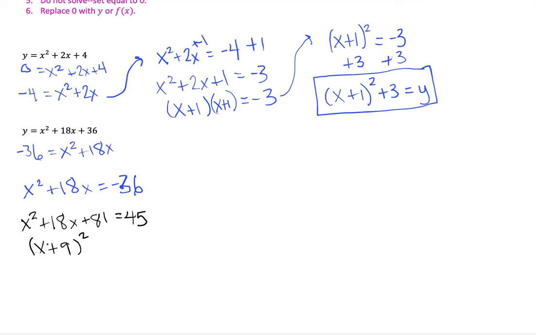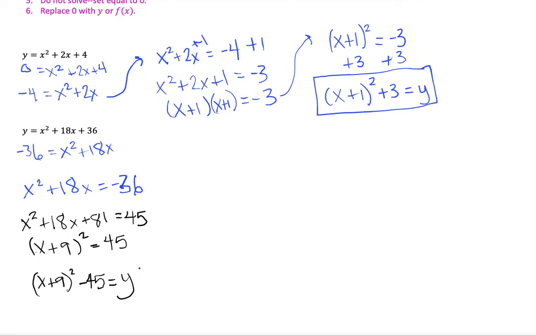So I'm going to write it as x plus 9 squared equals 45. And then I just need to subtract my 45. So I have x plus 9 quantity squared minus 45 equals 0, which I will just replace with a y. Vertex form.